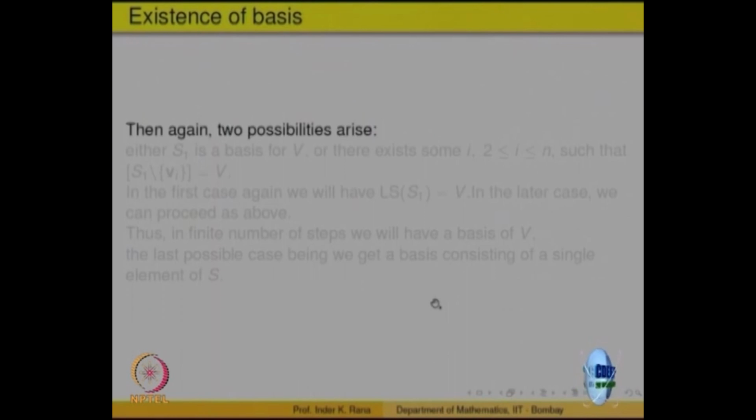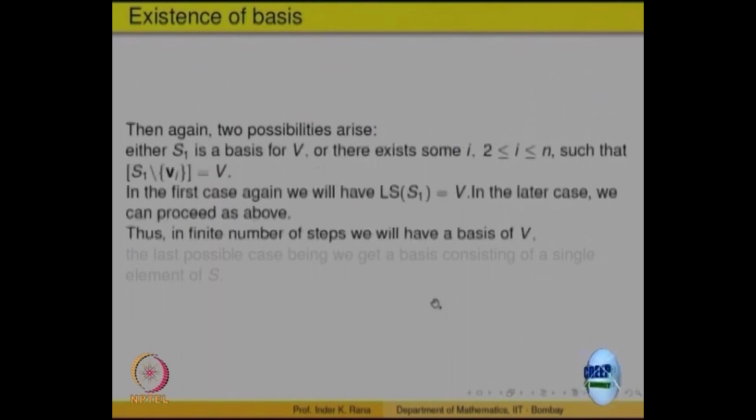In a finite number of steps you will get a subset of S which cannot be reduced further, and that is a basis, because S is only a finite set. You cannot remove everything; one by one you can remove at most n minus 1, and the process will stop. So that shows the existence of a basis.